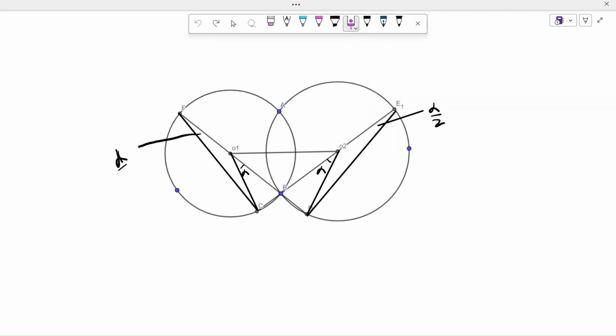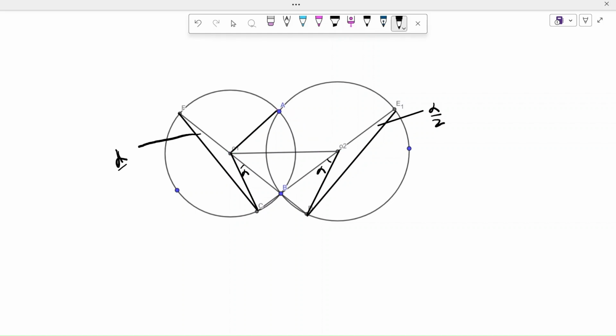So let's assume points C, B, O2 and E are in one straight line, and points D, B, O1 and F are in one straight line. Then we will prove that points D and C are on the same circumcircle of triangle AO1O2.